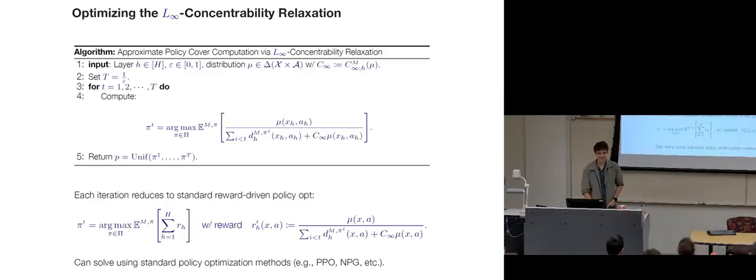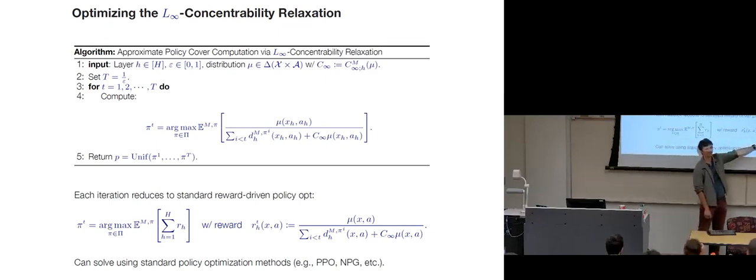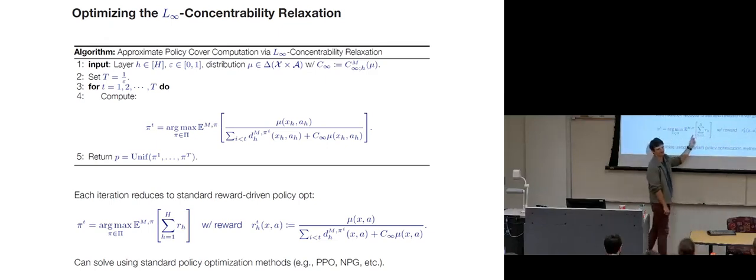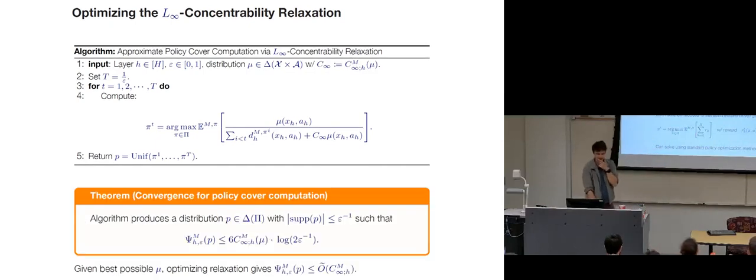This pseudocode is just formalizing that idea. You iteratively compute the max policy for this inner reward function. Once you define this reward function, it's just a policy optimization problem. And this theorem is just showing that this works.